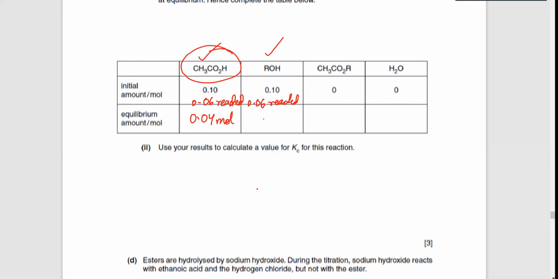So it's also going to be 0.04 moles left. Like initially 0.1 added, 0.06 moles reacted, so you're left with 0.04 moles. And if 0.06 react, on the other side, 0.06 are going to be produced. Everything was 1:1. So this amount must be produced.